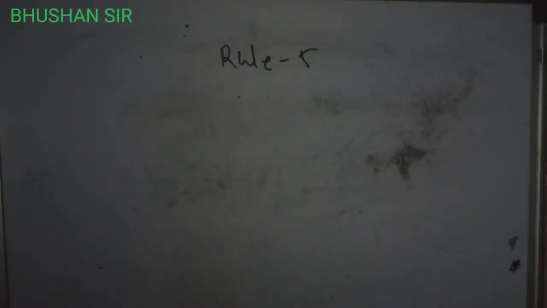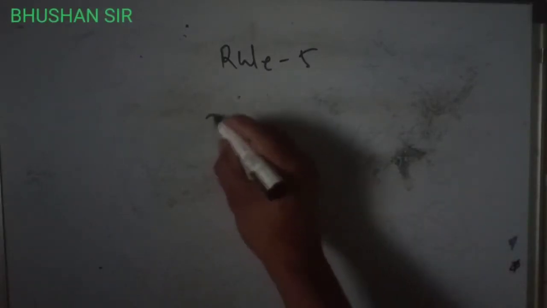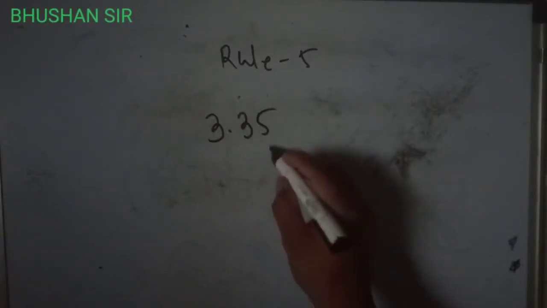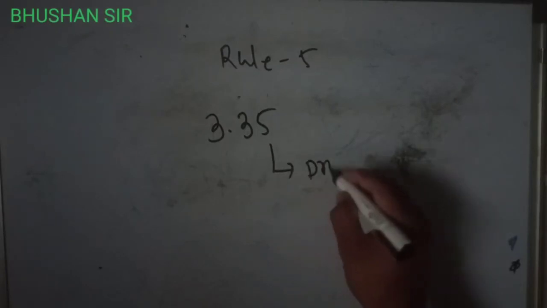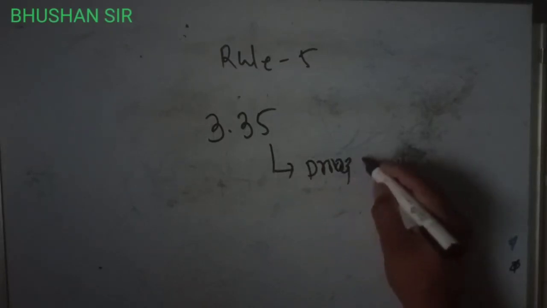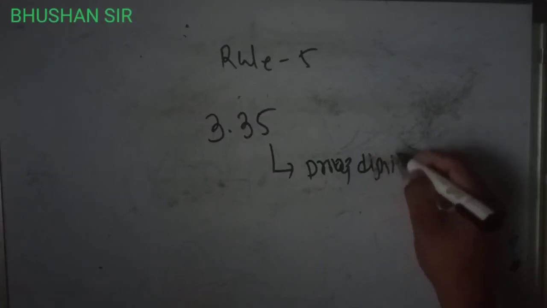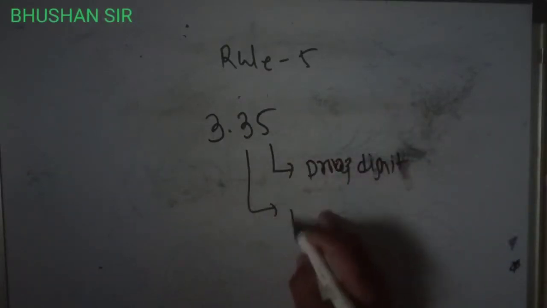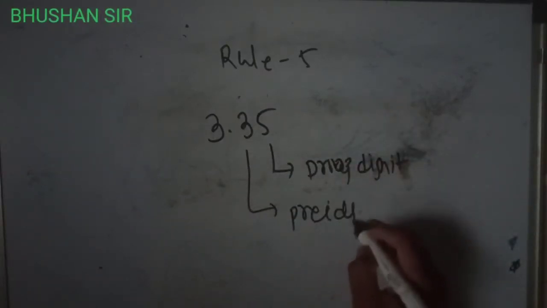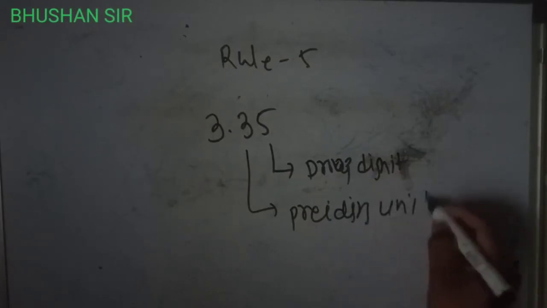The digit to be dropped is 5 followed by 0, then the preceding unit is raised by 1 if it is odd. In the previous rule we saw that if it is even, we do not change it. Second rule: 3.35, this is the dropped digit followed by 0, this is the preceding unit.